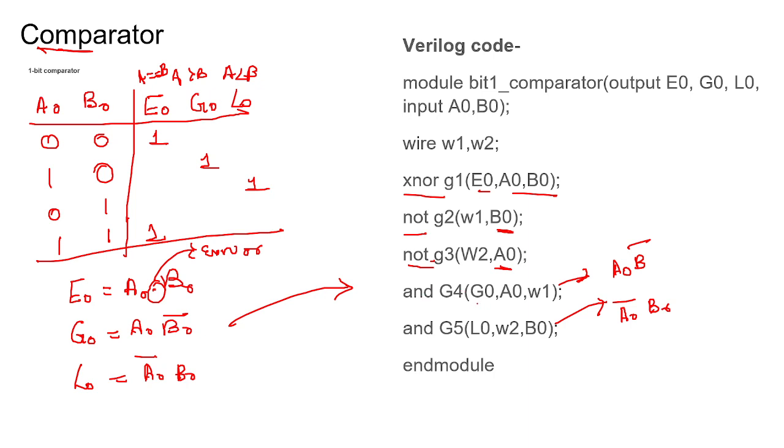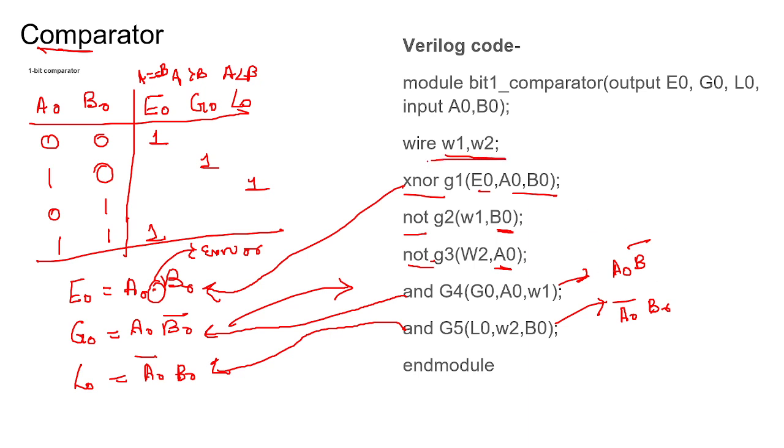So this is the equation for greater than, this is the equation for less than, and here I have implemented the equation for equal to. Then we need intermediate wires to store this value and this value, so I'm defining two wires, and three outputs E0, G0, L0, and two inputs A0 and B0.